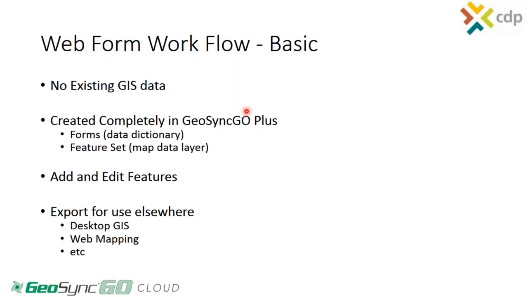We will then view the map, and at the end there is an option if you want to export the data to use elsewhere, say your desktop GIS for some type of web mapping or spreadsheets, or you want to do a nice report in a Word document or something like that. So there's a way to export the data as well.